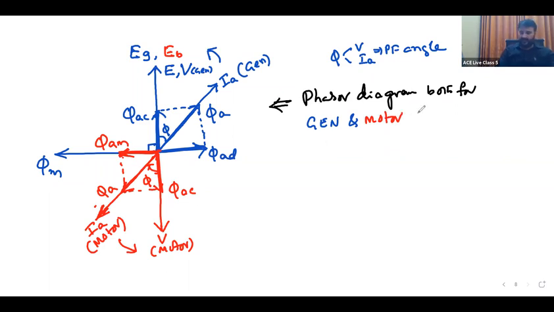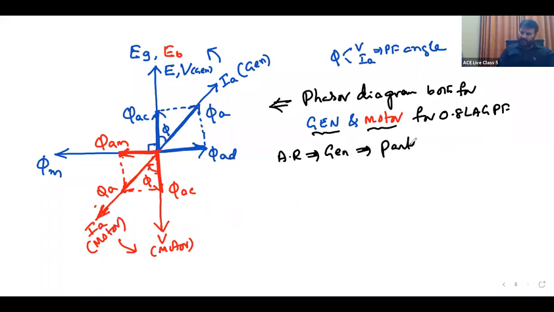I am writing for 0.8 lagging power factor. Okay. Then what is the armature reaction? Armature reaction for the generator: partly demagnetization plus partly cross magnetization.